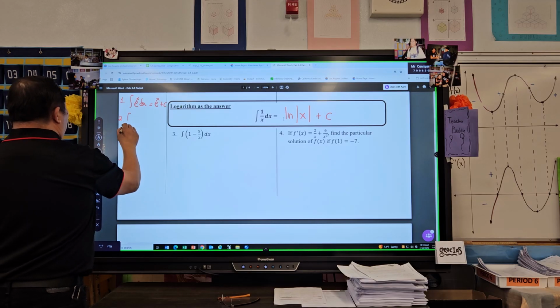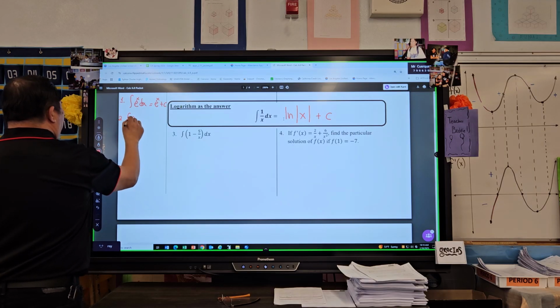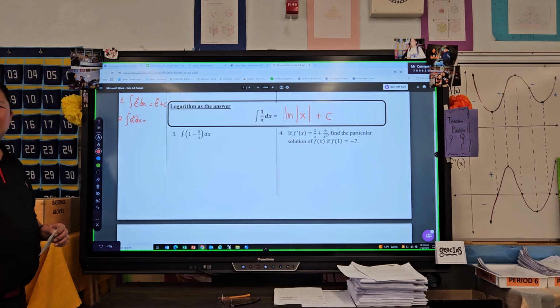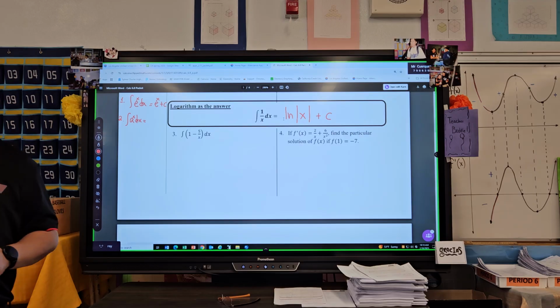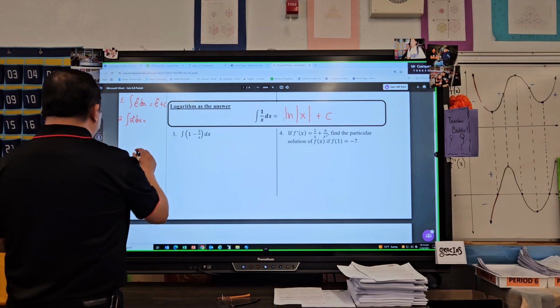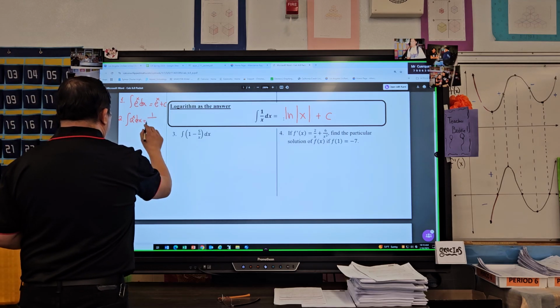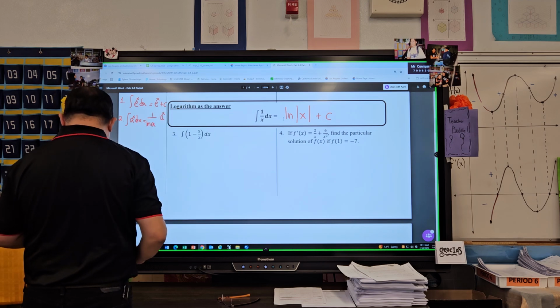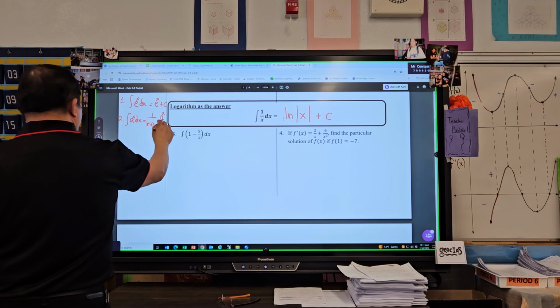The integral of a to the power of x dx. So what is that now? A while ago? A to the power of x. That is 1 over ln a times a to the power of x, plus the constant.